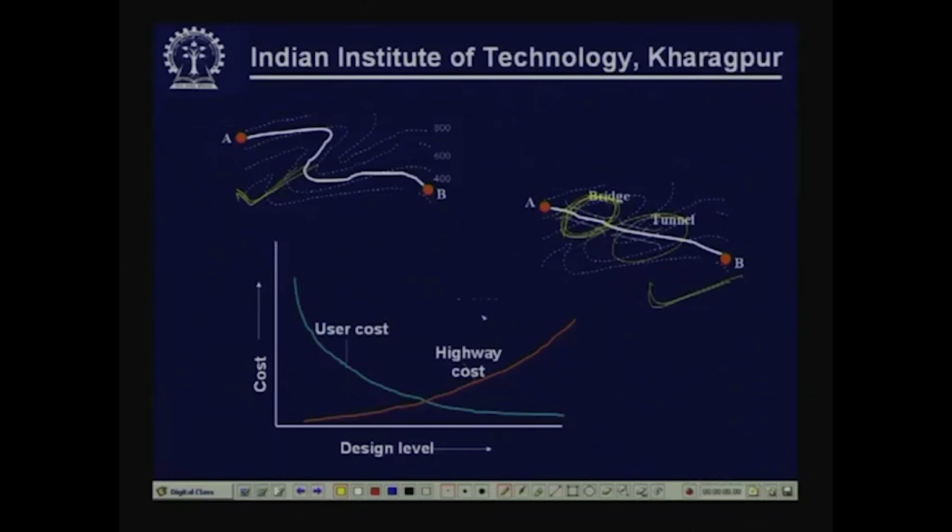And what is our attempt? We try to take that option which is neither minimizing only the user cost nor minimizing only the construction cost, but trying to minimize the life cycle cost considering user cost, construction cost as well as the maintenance cost. That is what is explained in this slide.